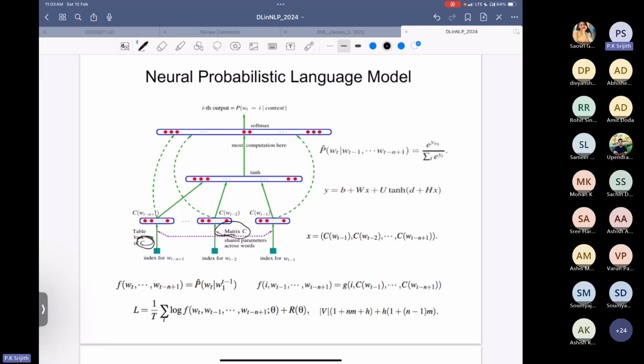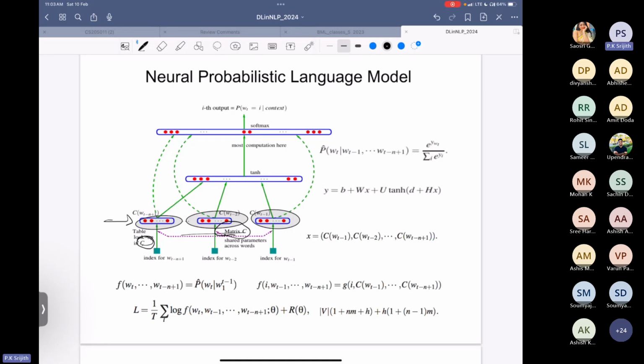Here, what you have is the vector representation for the t minus n plus 1th word. So this is the vector representation for the t minus 2th word. This is the vector representation for the t minus 1th word, right?